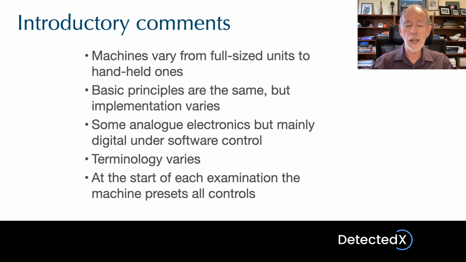Every ultrasound machine has a small amount of analog electronics, which means electronics that processes time-varying voltages. Obviously, the transmitted signal is a time-varying voltage, and the received echoes are time-varying voltages. However, they are very rapidly digitized, and all the rest of the processing in the machine is then done by digital electronics under software control.